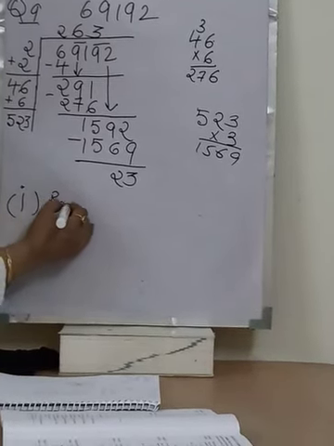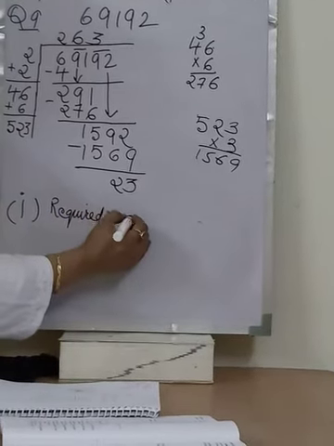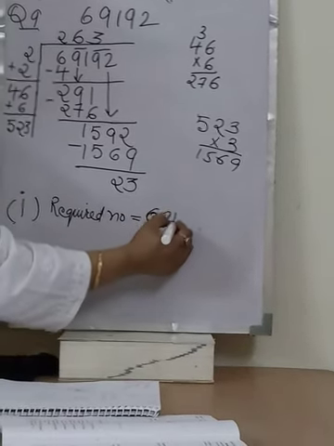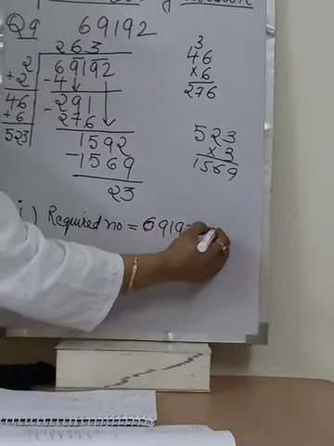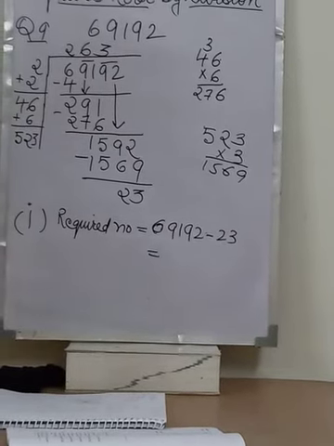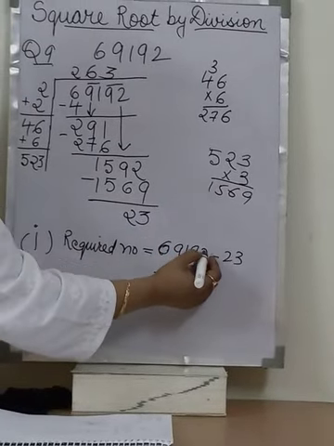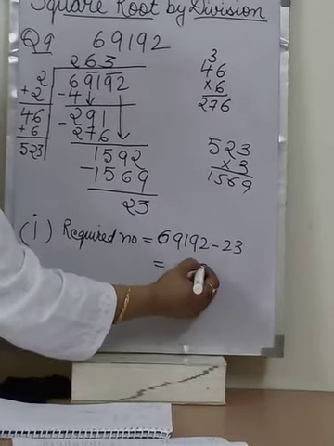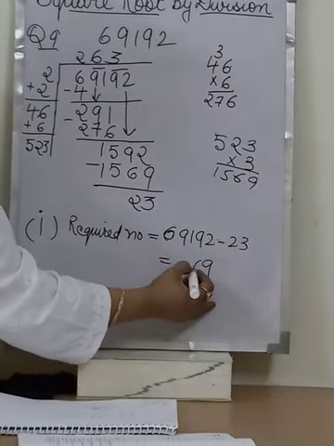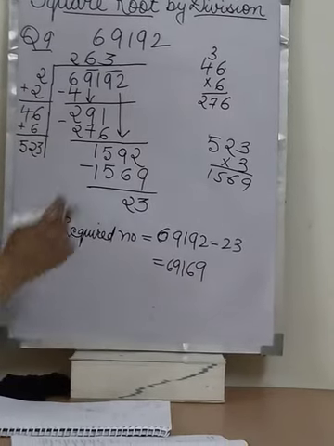Required number: 69192 minus 23. When you subtract, what do you get? 12 minus 3 will give you 9. 8 minus 2 will give you 6. 1 as it is, 9 as it is, and 6.